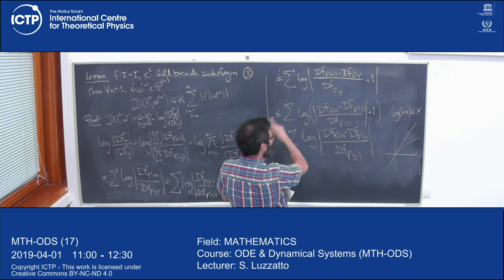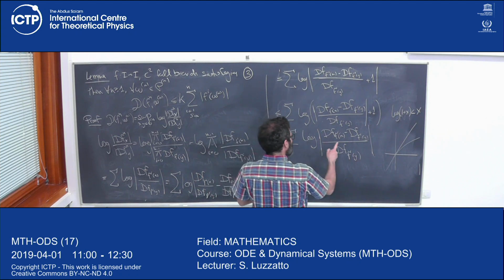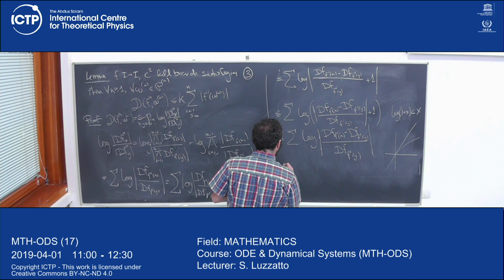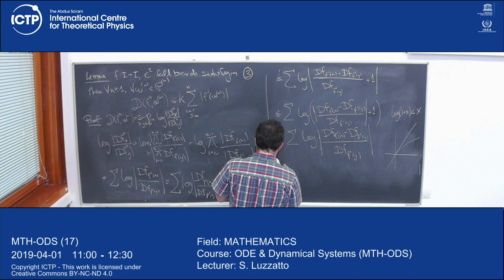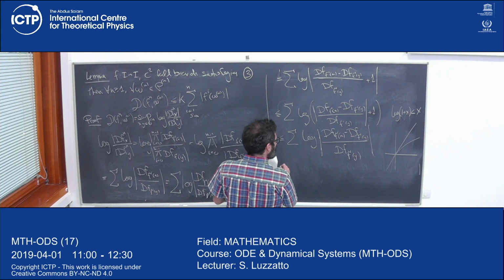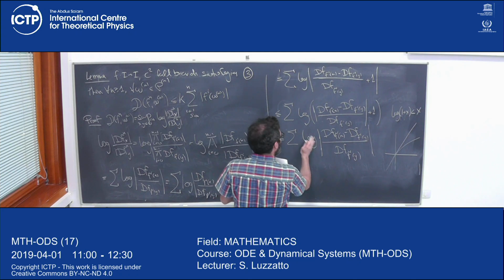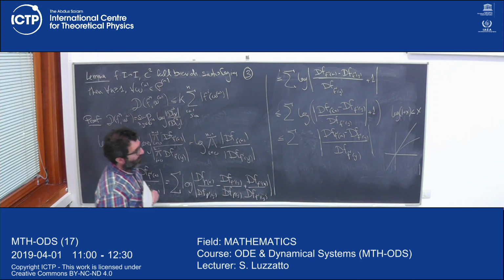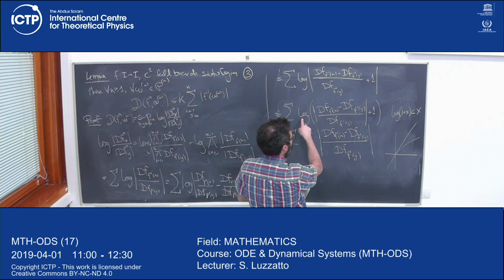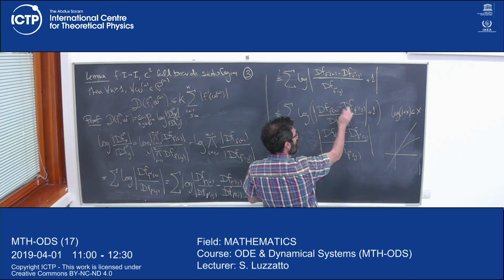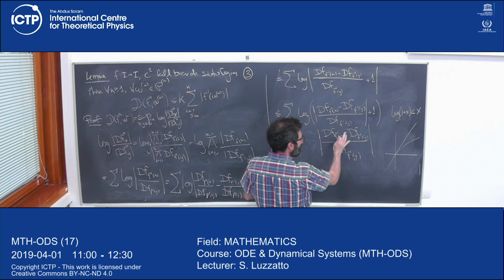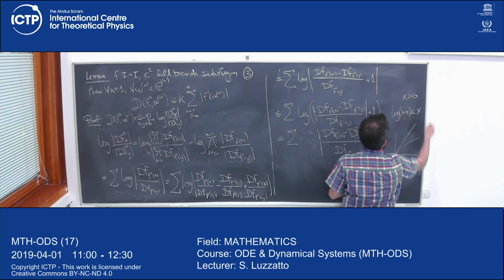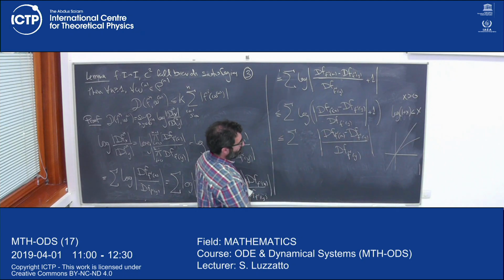And now I go back. I've done all this palaver just to resplit this again as I had them before. Sorry, the whole purpose was to get rid of the log here. Right, so this is log of 1 plus something, positive, which is less than something, this x, for x positive. In fact, always true.